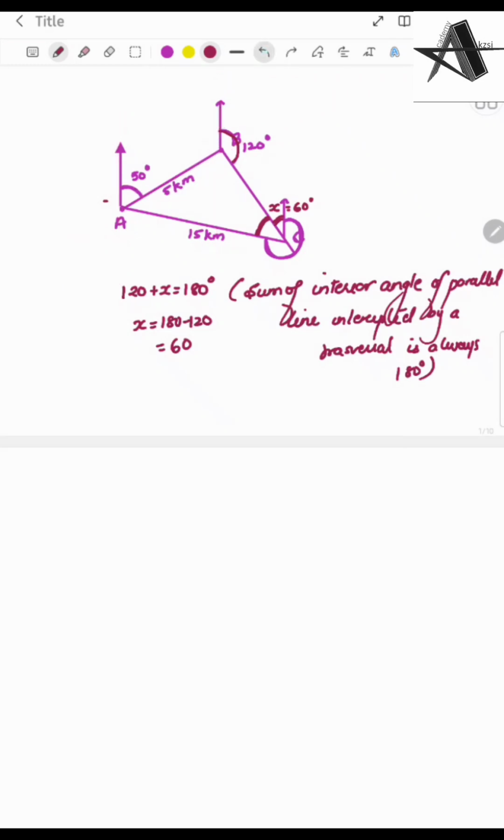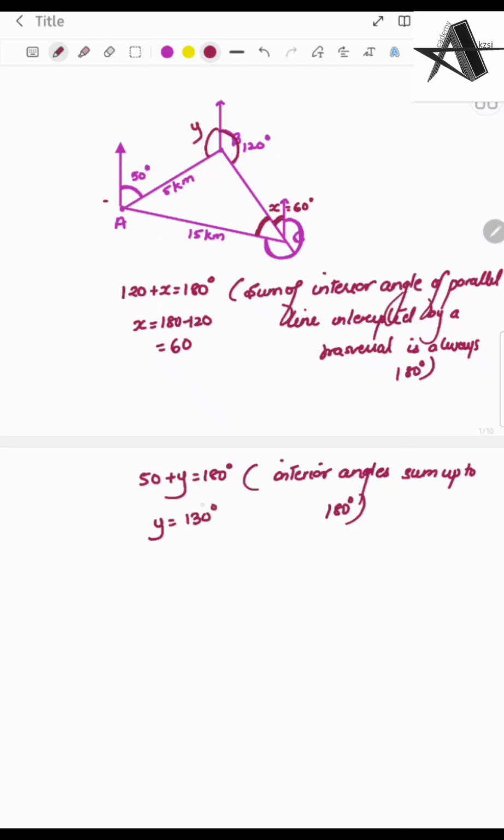So same I can say, let me name it angle Y. So I can say 50 degrees plus Y is equal to 180 degrees, and same, interior angles sum up to 180 degrees. So Y will be 180 minus 50, that is 130 degrees. So I know this one is 130.